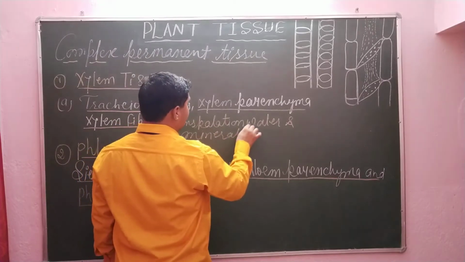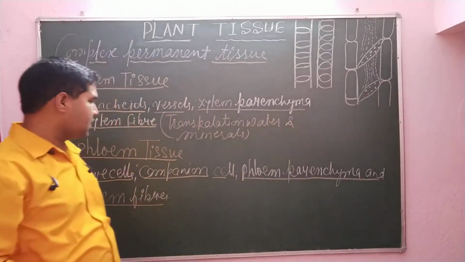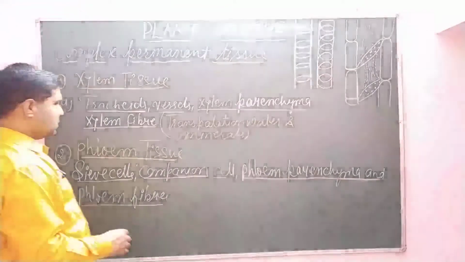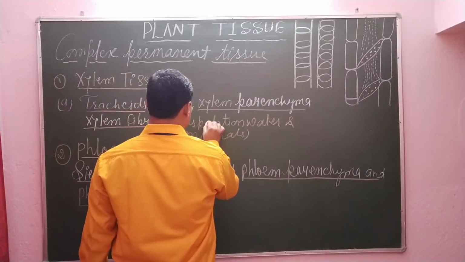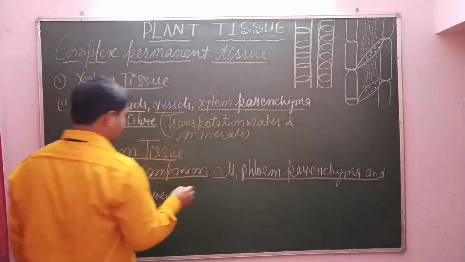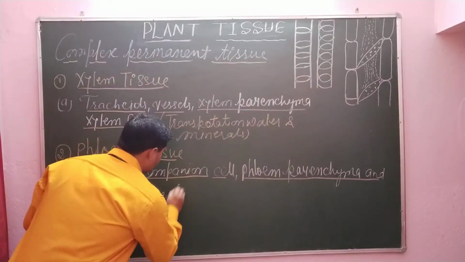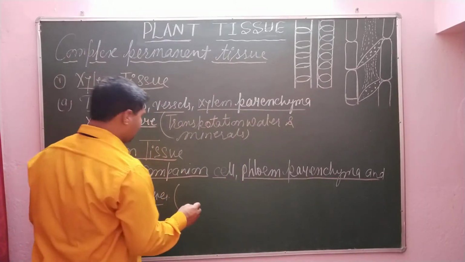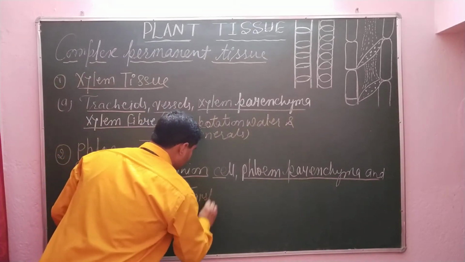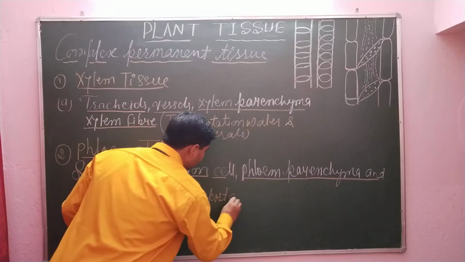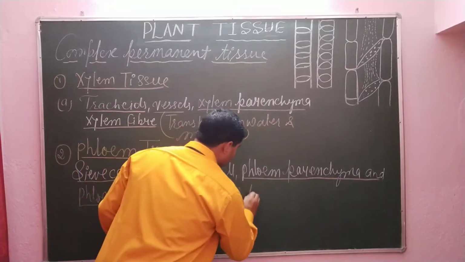Minerals dissolve in the water. Second, phloem tissue helps in the transport of food.